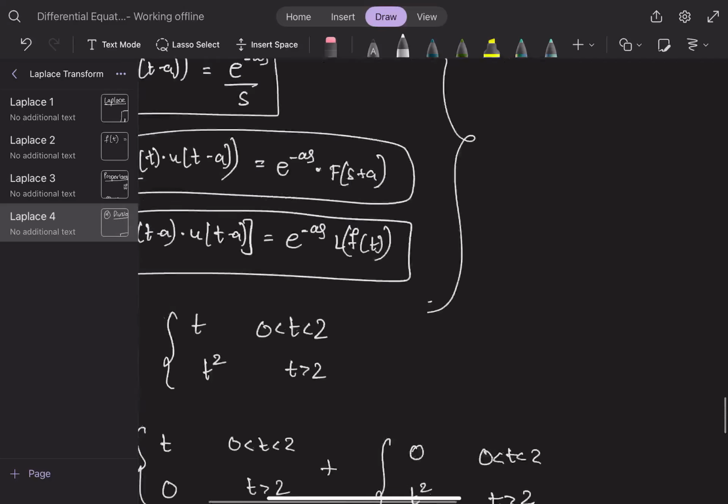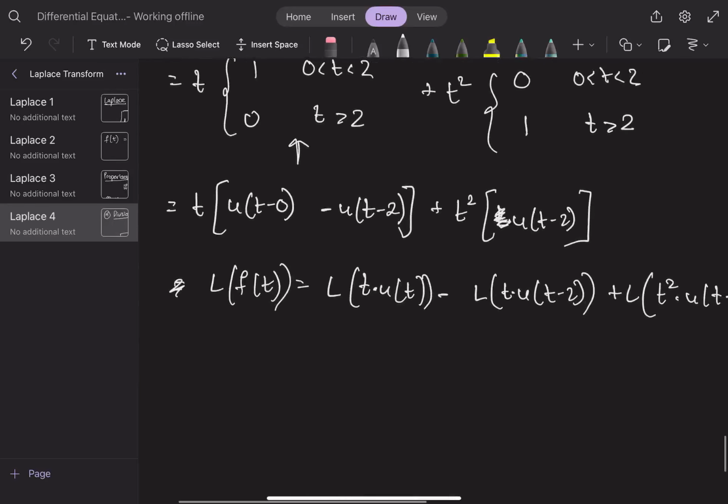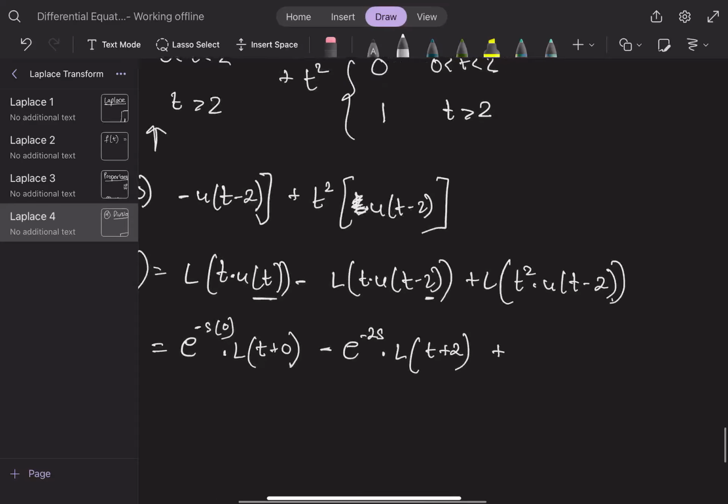Now we have to use these three formulas that we have. So Laplace of t multiplied by u of t will become e raised to minus s times 0, as a is 0 over here, multiplied by L of t plus 0, minus e raised to minus 2s, as a is 2 over here, multiplied by L of t plus 2, plus e raised to minus 2s Laplace of t plus 2 whole square, as t is t plus 2 again.